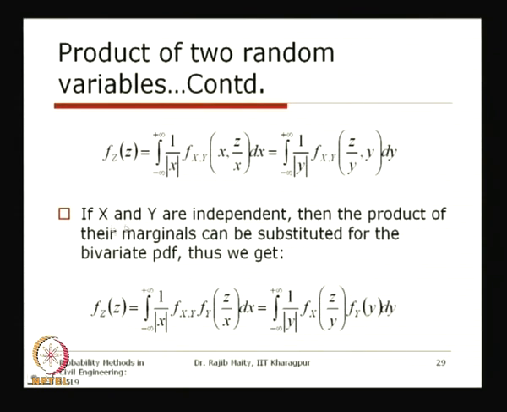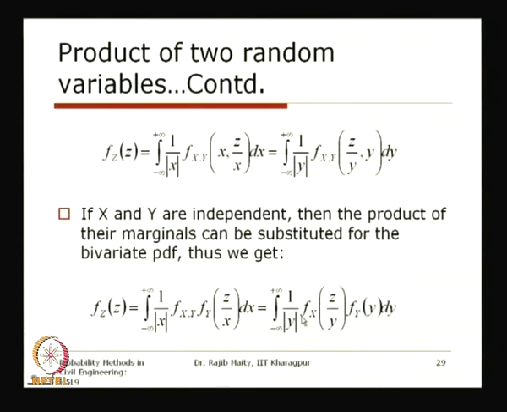Now, if x and y are independent, then the product of their marginals can be substituted for their bivariate PDF, and thus we get that. If you know that they are independent, then this joint can be expressed as the product of their individual marginals. This expression we have taken with respect to x.